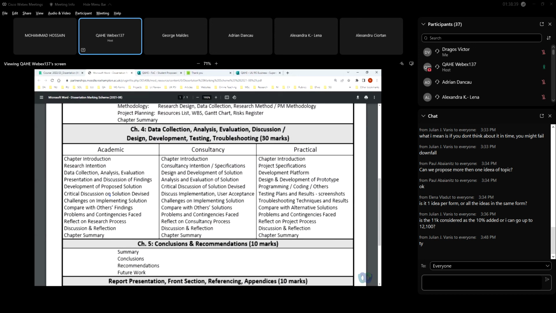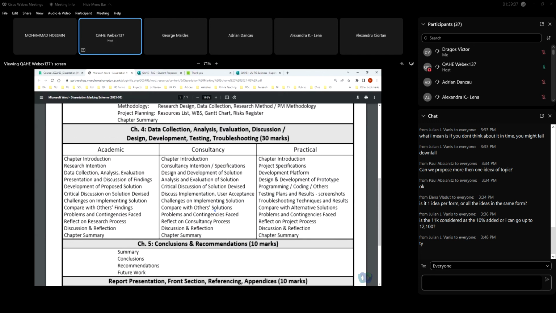Academic, which is the same as research, consultancy and practical. You can see they all have introduction. They all identify the purpose here. And then a few of these are specific, but then you could see critical discussion on the solution devised or critical discussion, and then whatever is appropriate for this one.